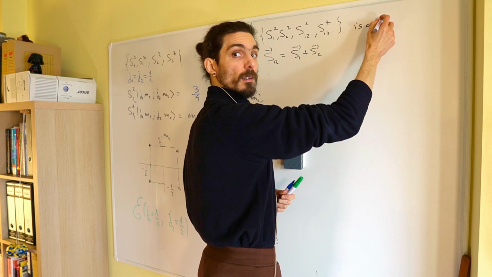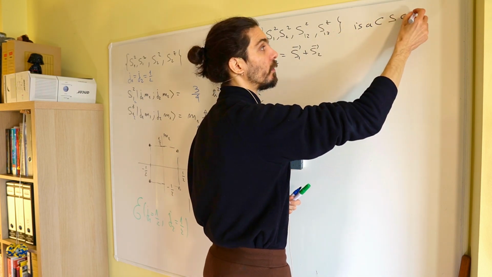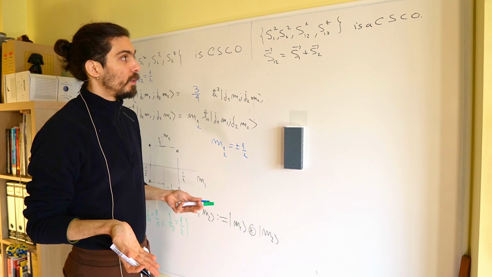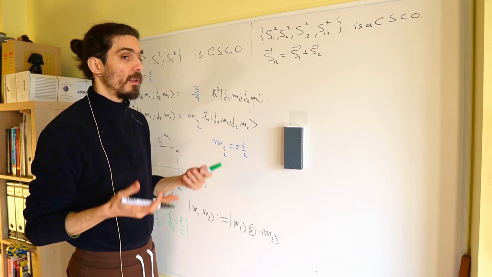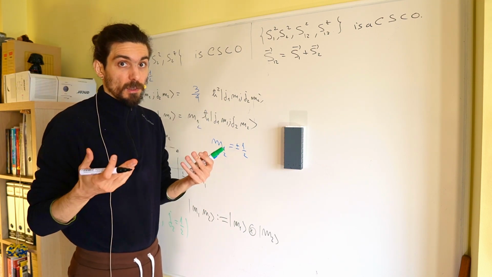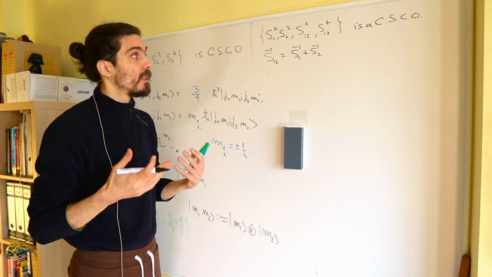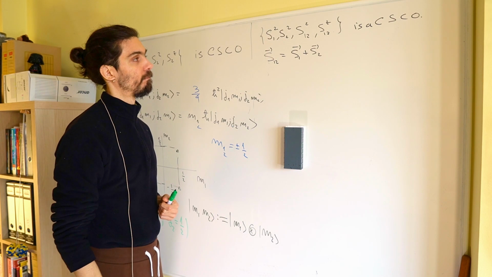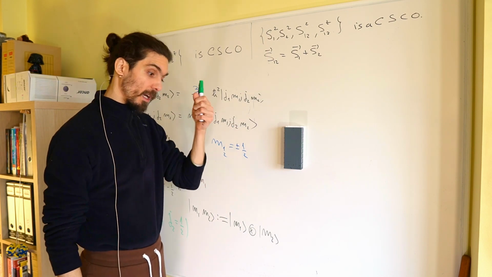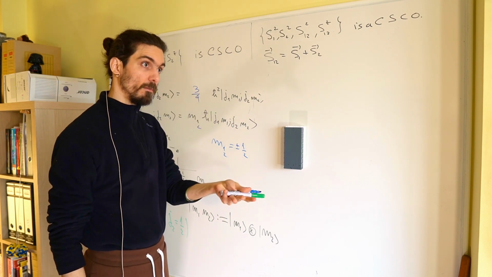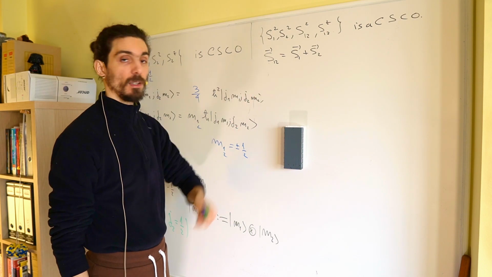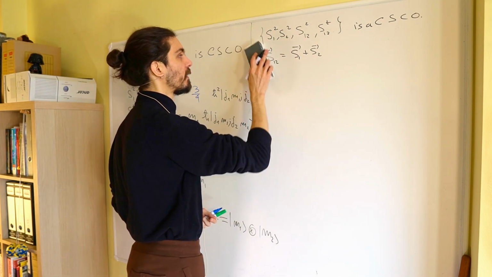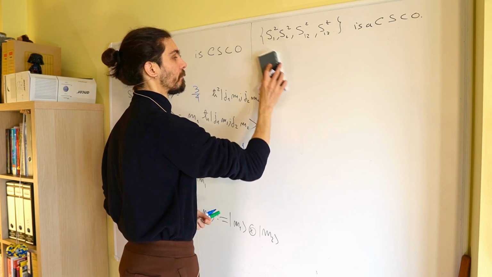So you can find a basis of common eigenstates to all these operators. And as a result, you can label those eigenstates by the eigenvalues for each one of these. So let's do it. Let's define that basis.